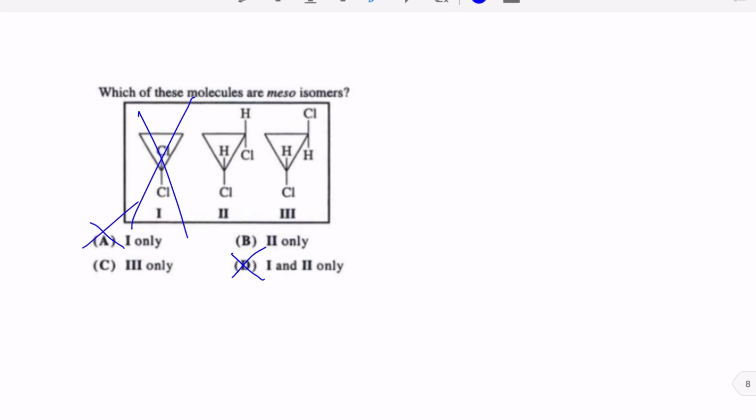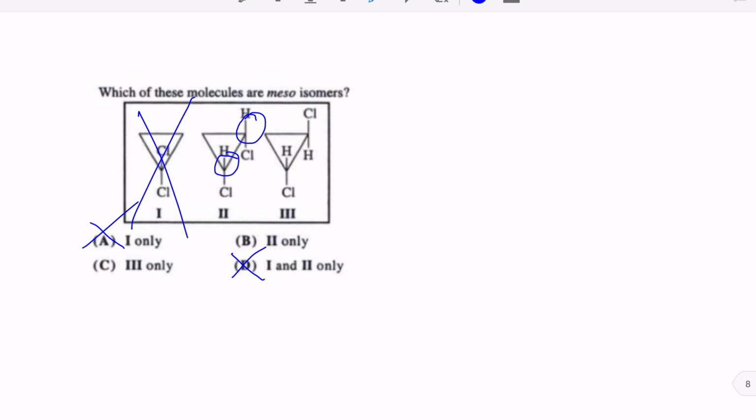Now the question is 2 or 3 a Meso-Isomer? So we know one of them isn't. So when we look at the second choice, we find that there are 2 stereoisomers, one here and one here. And the question is, well, now we know that it has stereoisomers, but is the molecule chiral?